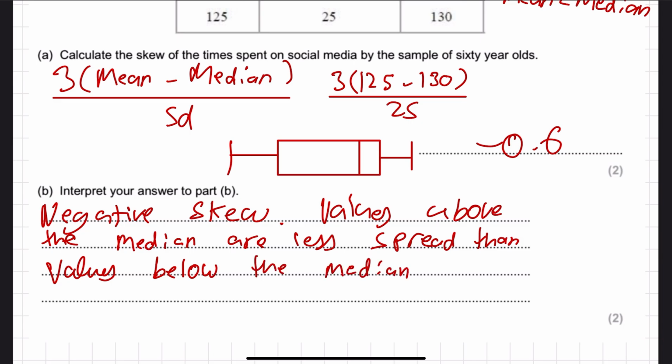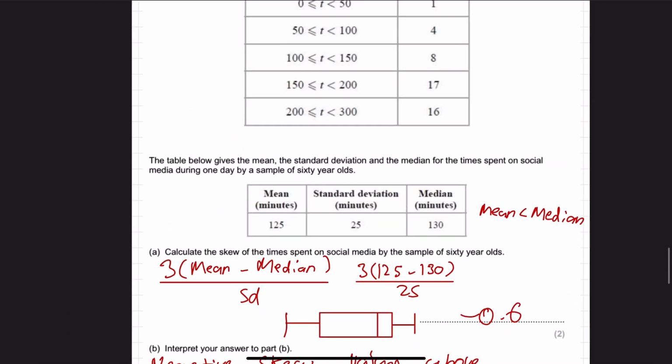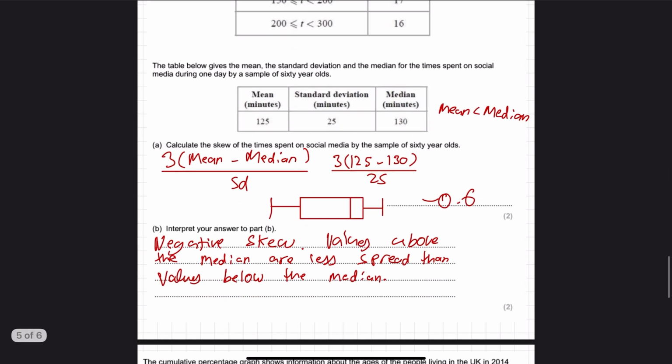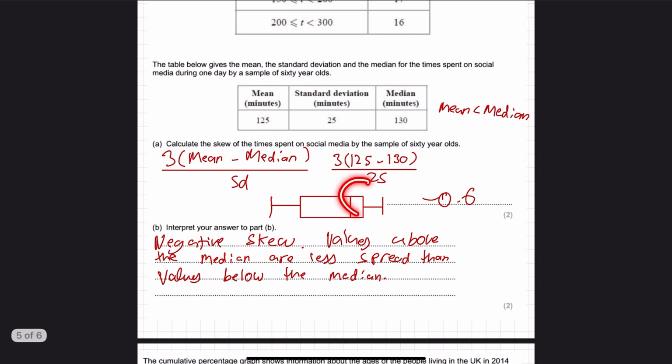And then if you wanted it in context, you'd use the context of the question, which is about the time each member of a group of 46 teenagers spent on social media during one day. So you would just talk about how there was less spread above the median of the time students spent on social media each day than below the median.